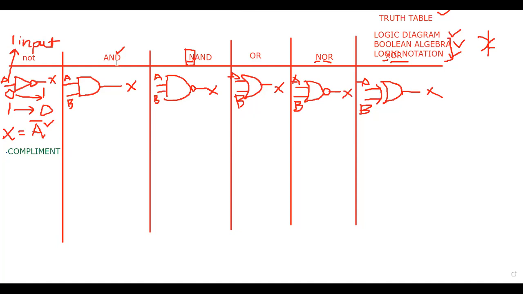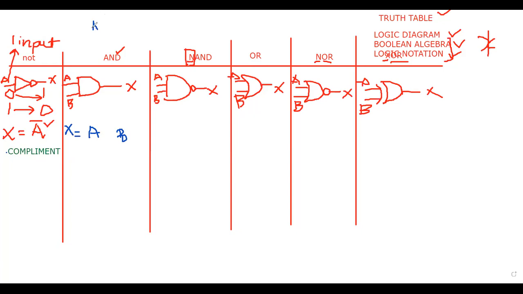Now moving on to the AND gate. In the AND gate, we have X is equal to A, B, but I am giving you a hint to memorize the function of AND.